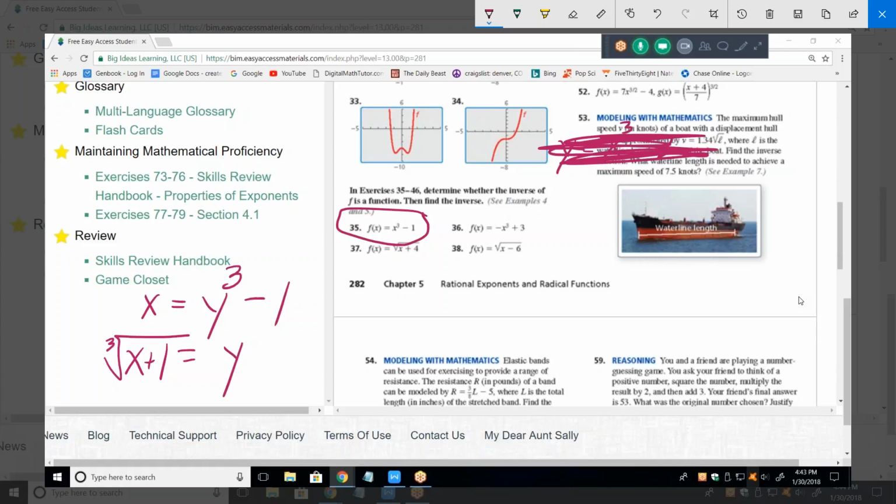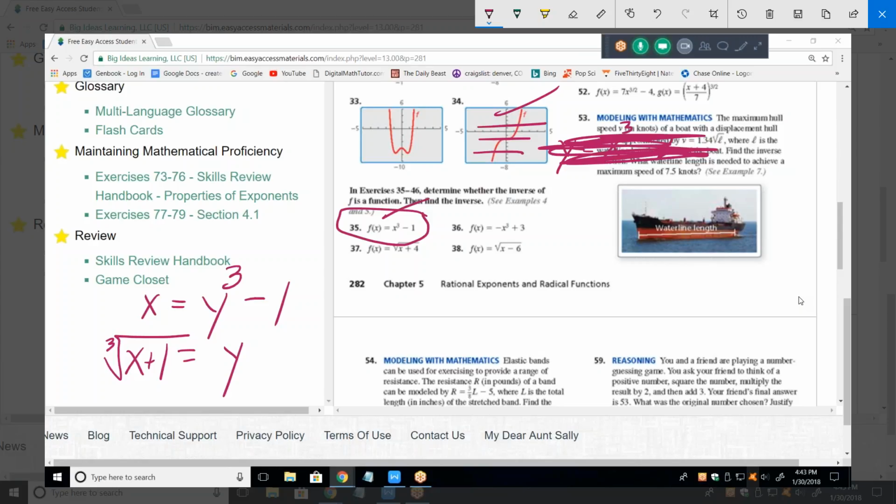Yeah. Now determine whether the inverse is a function and then find the inverse. Well, we knew it was a function because it looks just like that. So if 34 is a function, then 35 is a function. Excuse me, if the inverse of 34 is a function, which we decided it was because it passes the horizontal line test, then the inverse of 35 is a function.